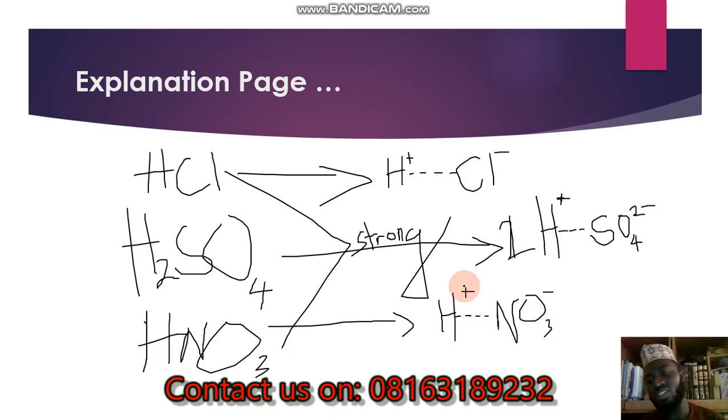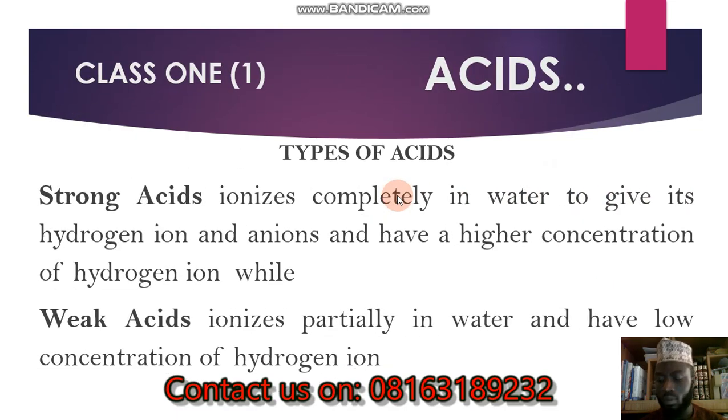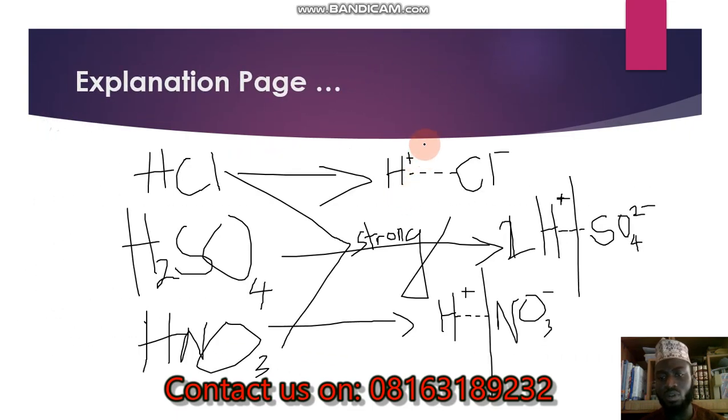You can see the charges balancing themselves: two plus and two minus balance, and plus one and minus one balance. These are strong acids because there is complete ionization. The hydrogen is separated completely from the anion.